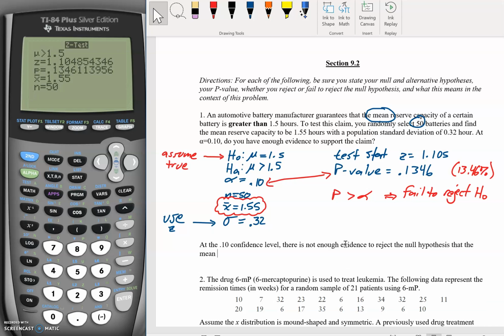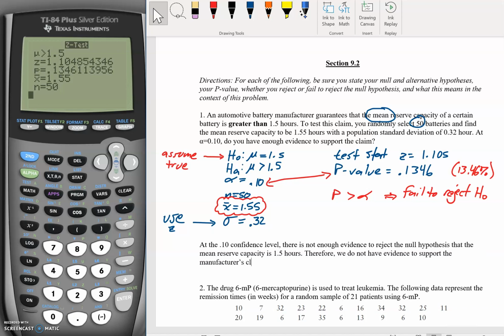The mean reserve capacity is 1.5 hours. Therefore, we do not have evidence, ooh, my spelling tonight, to support the manufacturer's claim, because their claim was that the mean is greater than 1.5 hours.